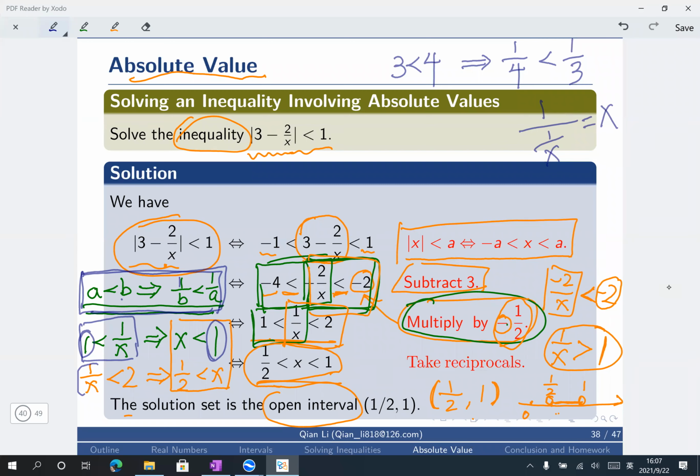So 1/x is like the number B in this inequality, and then we use 1/B, and we can get x. And this is smaller than 1/A, and the A in this inequality is 1, right? So this is 1.